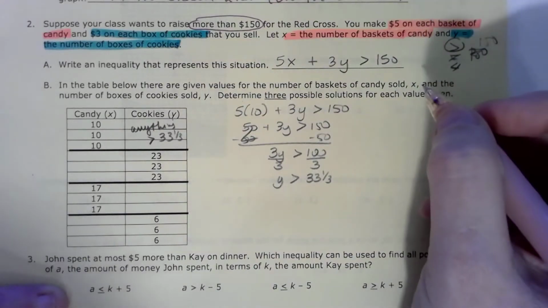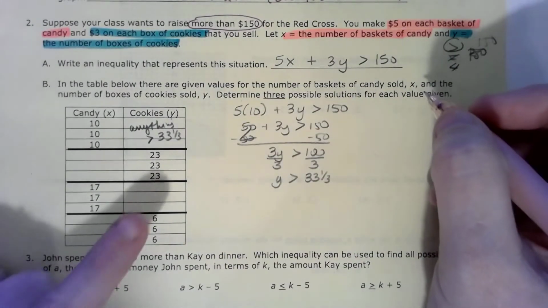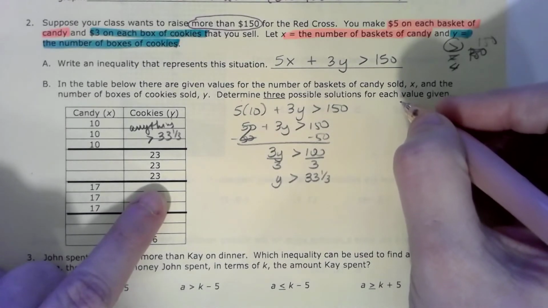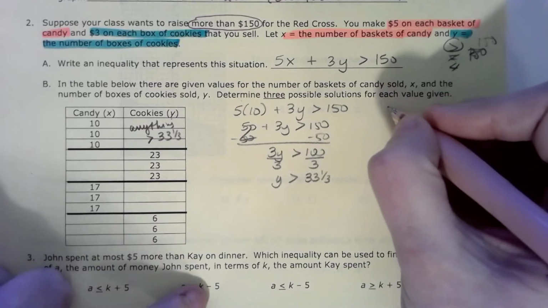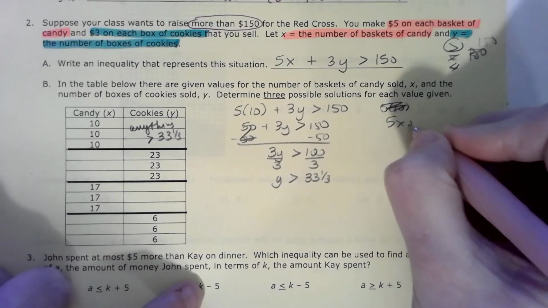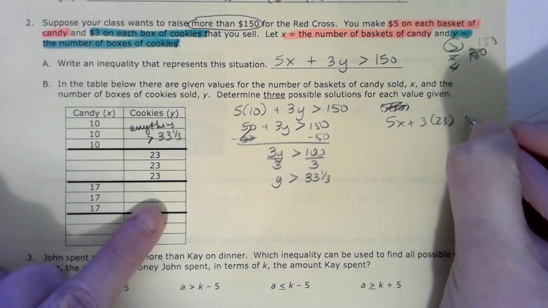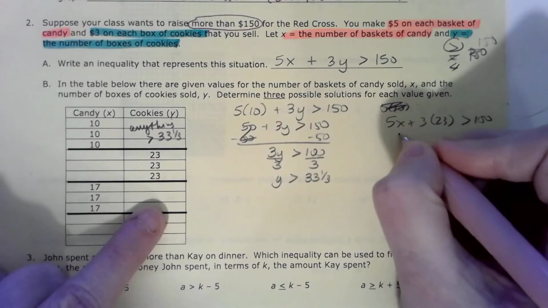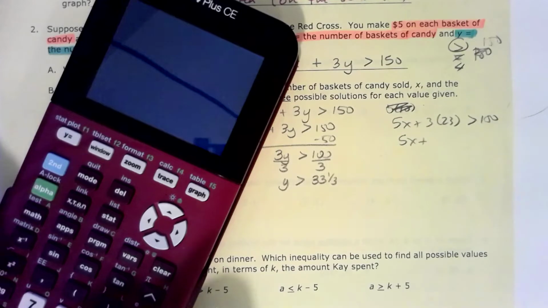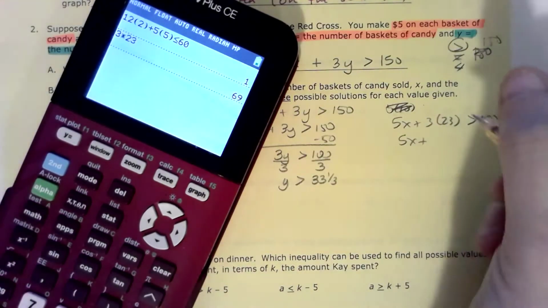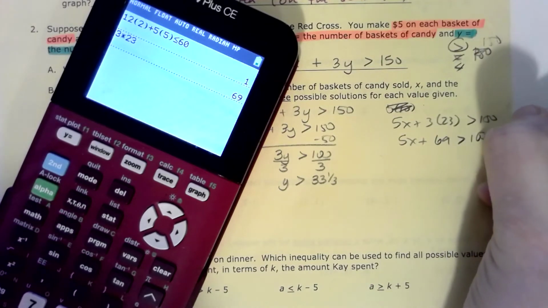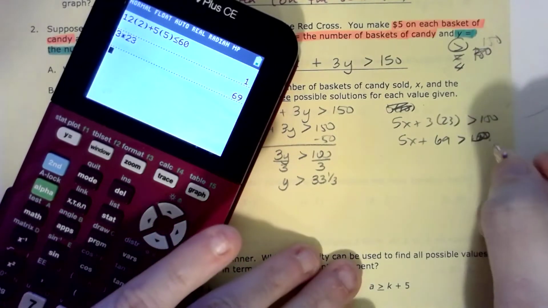Okay? I'll do the same thing for these 3. Again, for this one, it's a little different. This one, I get 5x plus 3 times 23 greater than 150. So 5x plus, what is 3 times 23? 69. 69 greater than 150.